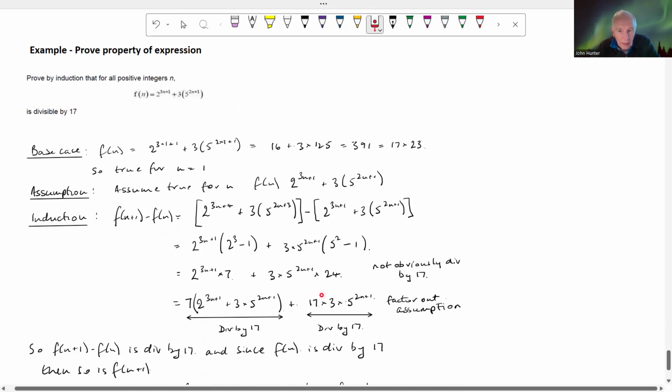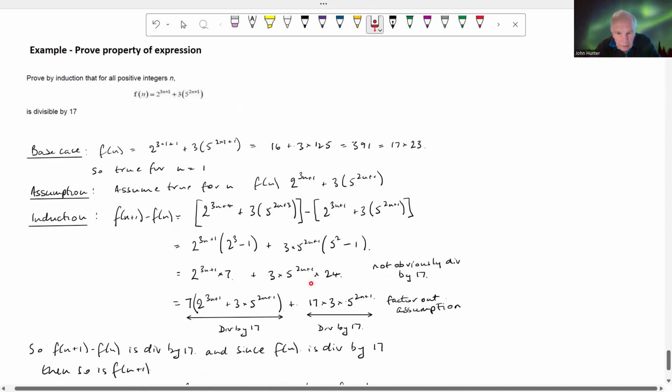So the trick, which you see quite a lot with these, is that if we can take out what we have assumed, so that bit in brackets there is f of n, then clearly this must be divisible by 17, because this factor is divisible by 17 by virtue of our assumption.